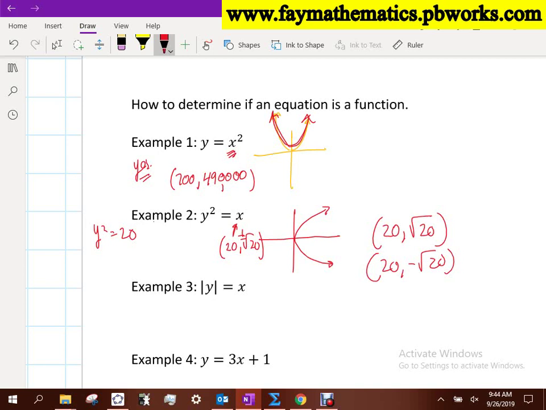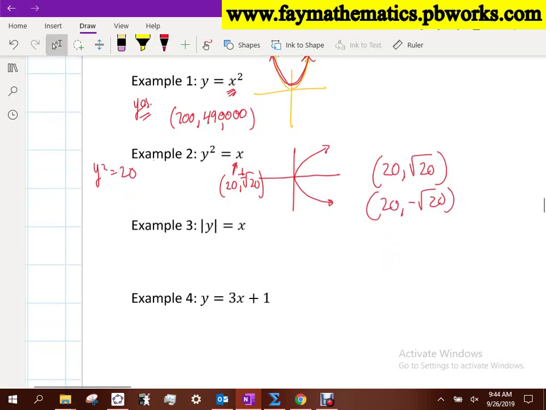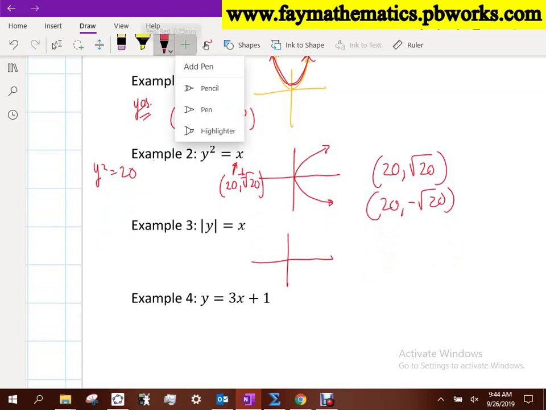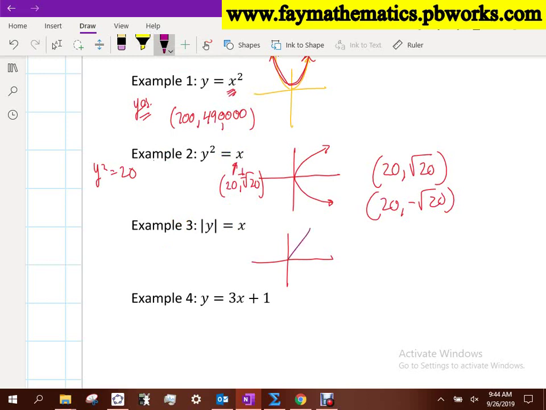Does anybody know what the next one looks like? If we graph it, we'll do this in a moment. It looks like that.